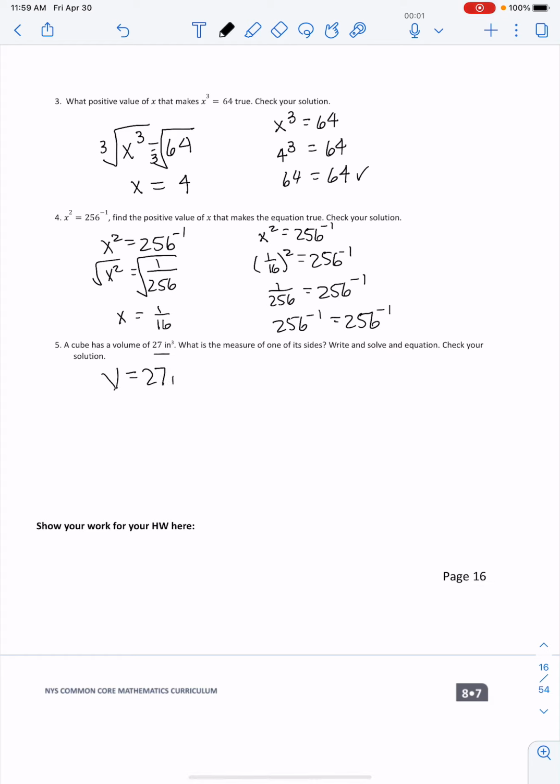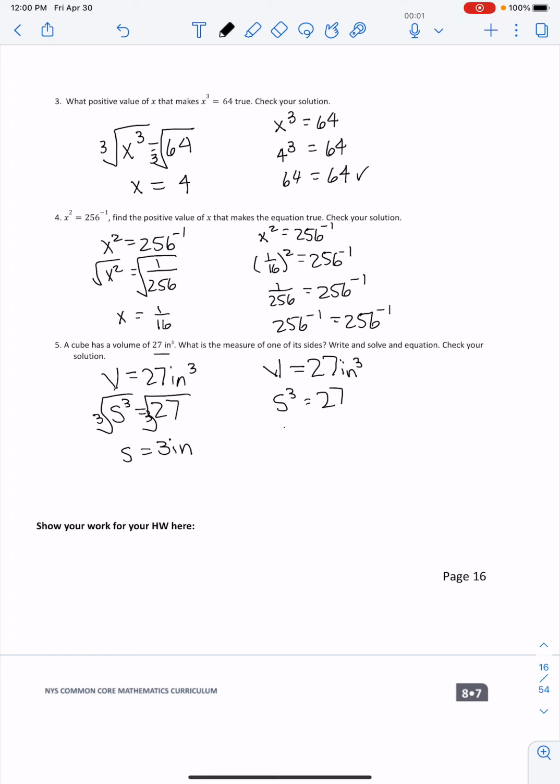So now when I check it, we have volume equals 27 inches cubed. So here we have S cubed equals 27. So 3 cubed equals 27. And 27 equals 27. And it checks.